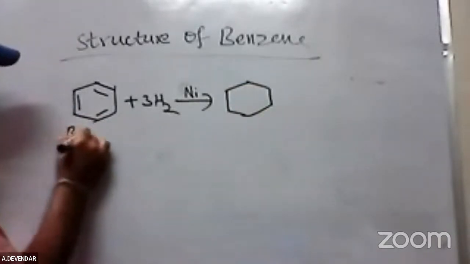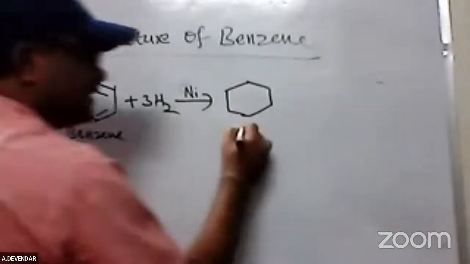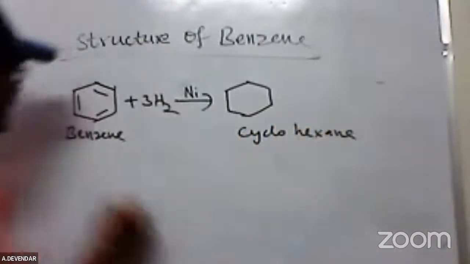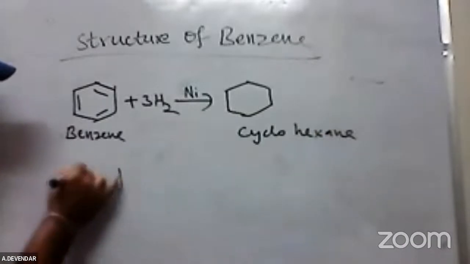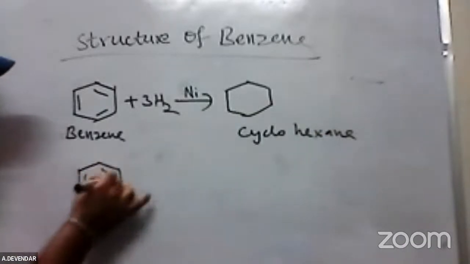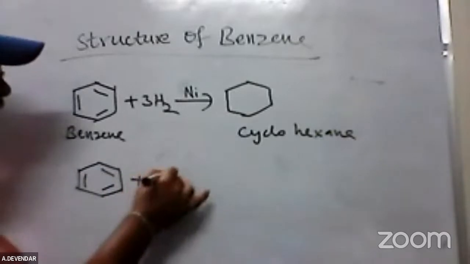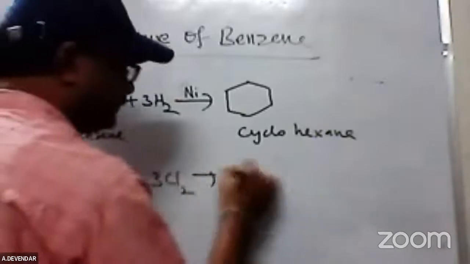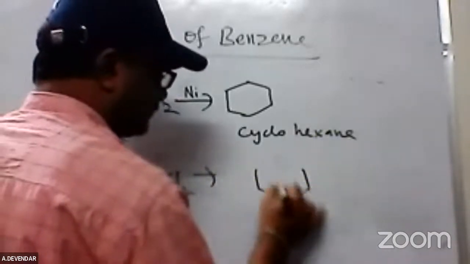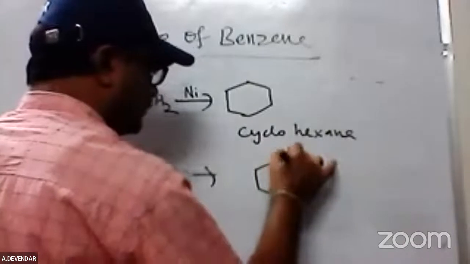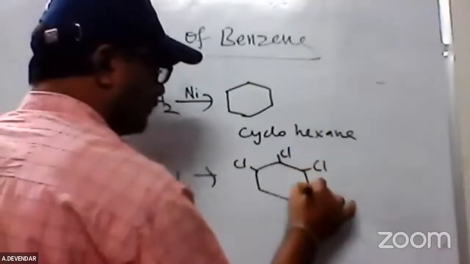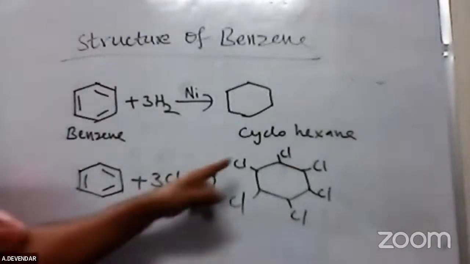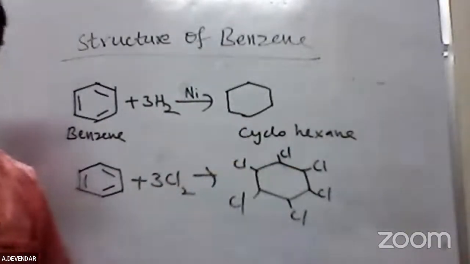you get cyclohexane. This is benzene; with 3 molecules of hydrogen it gives cyclohexane. In a similar manner, if you use 3 molecules of chlorine with benzene, you get C6H6Cl6.